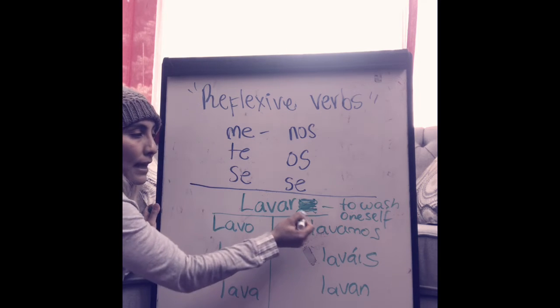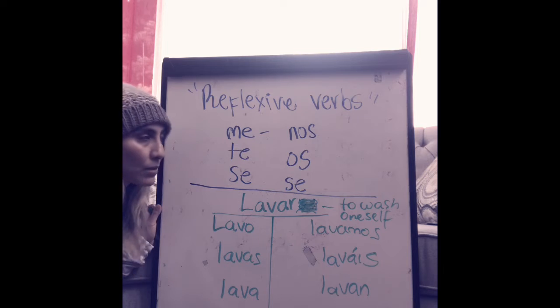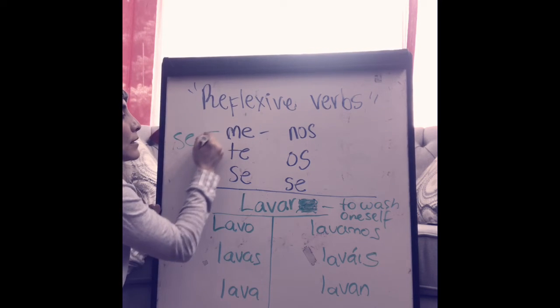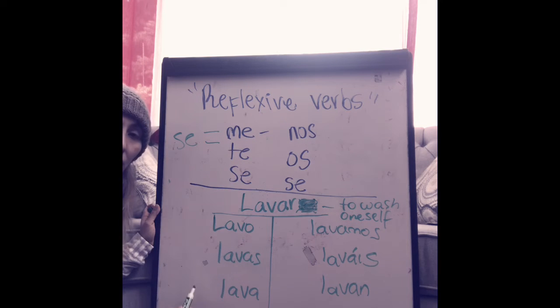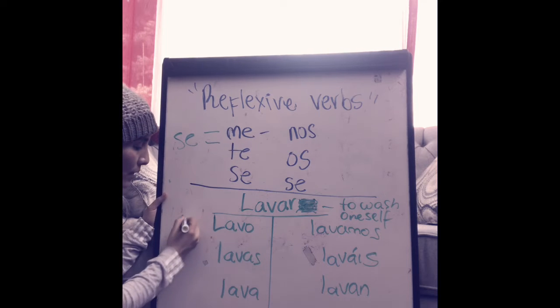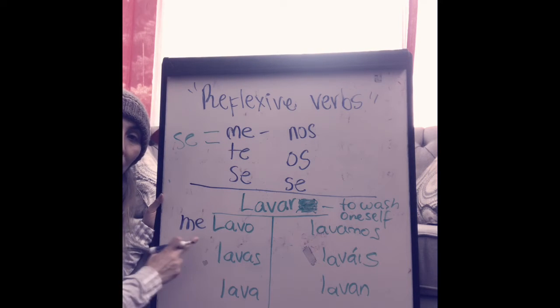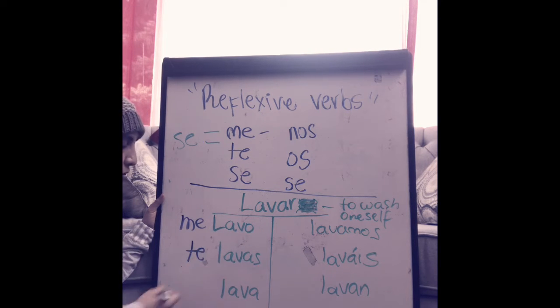Because I had the se that went away, I need to bring it back in my reflexive pronoun. So that se equals any reflexive pronoun based on what form I am using. For example, for the yo form, I will have to use me. Me lavo, which means I wash myself. For the tú form, I will have to use te. Te lavas. You wash yourself. She washes herself.